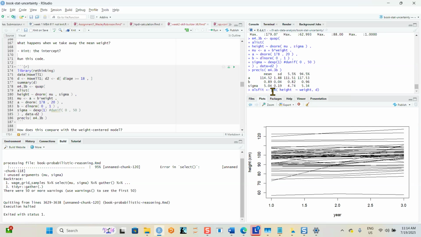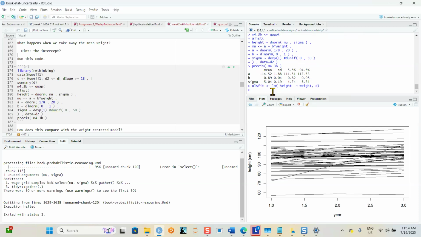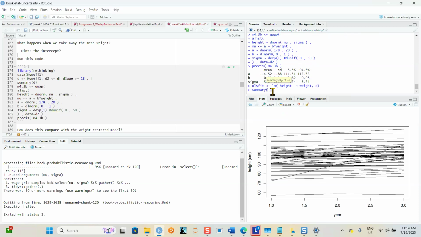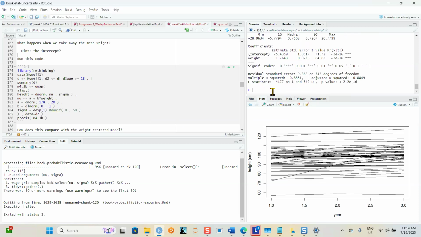Yeah, I'm having a fit, all right. And that seemed to work. And then do a summary of the OLS fit. We'll probably get something similar. No, we don't.